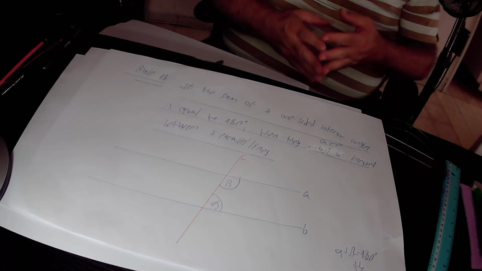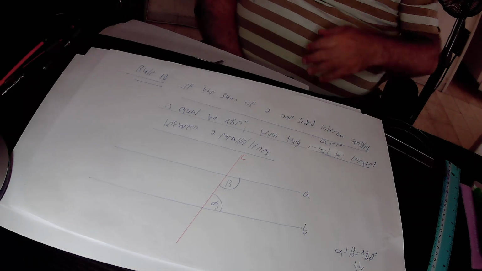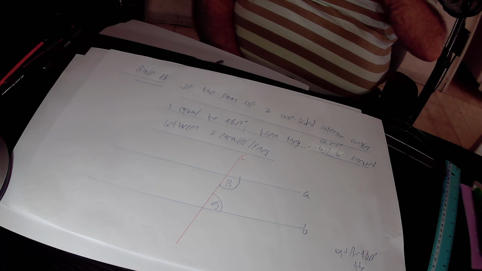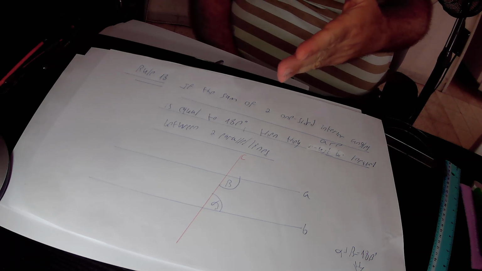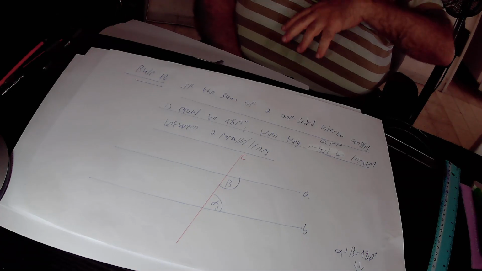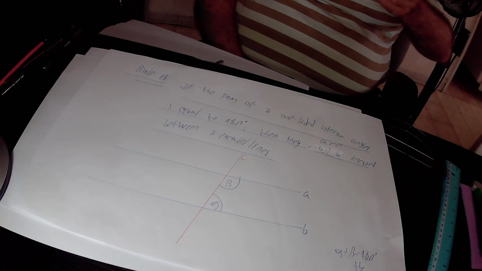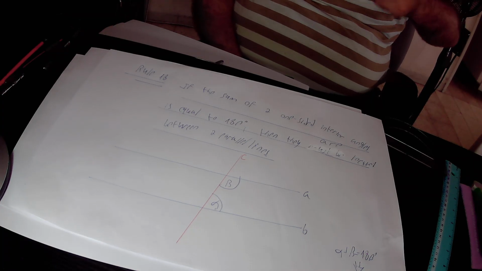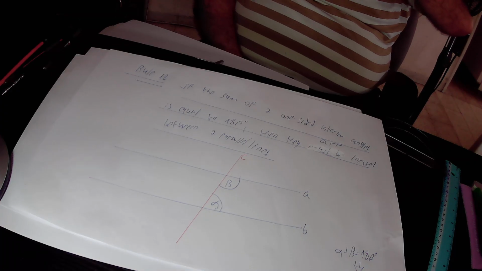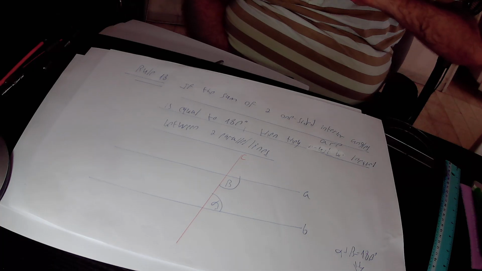And we know that alpha plus beta is equal to 180 degrees. Alpha and beta are two one-sided interior angles, and the sum of those two one-sided interior angles is equal to 180 degrees. And therefore, according to this rule, whenever the sum of two one-sided interior angles is equal to 180 degrees, then they must be between two parallel lines. That is to say, line A is parallel to line B.